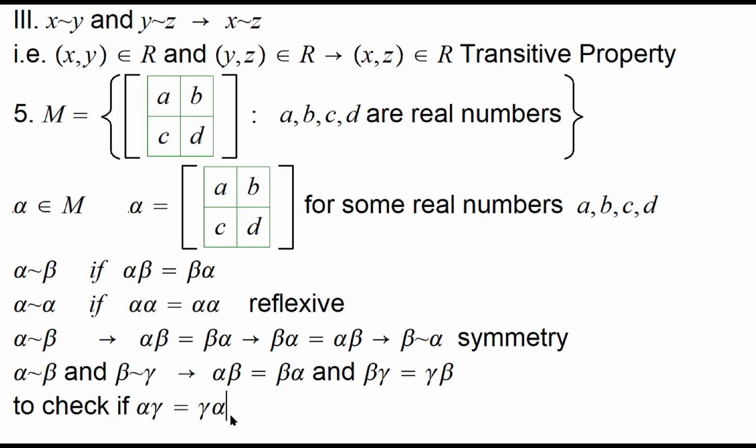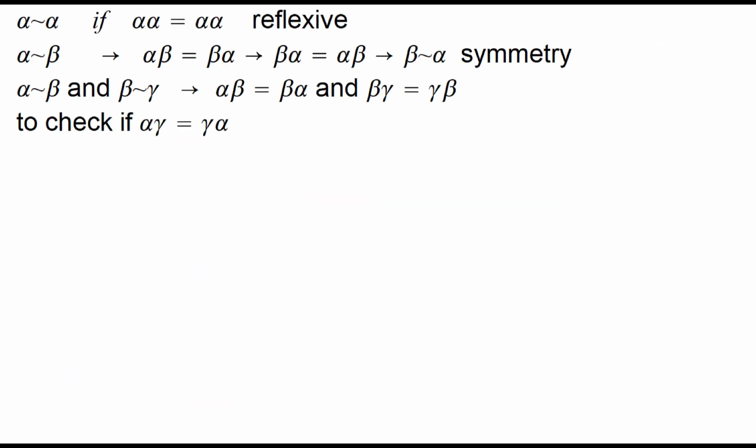I can show you an example that you can construct easily as well, in which alpha is related to beta, beta is related to gamma, but alpha is not related to gamma. So let me take you to the example.